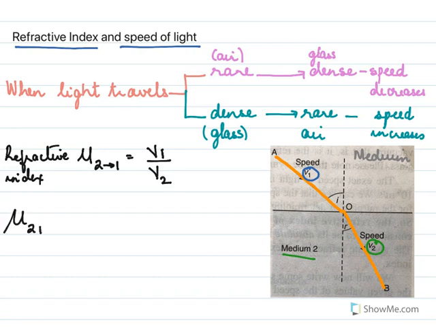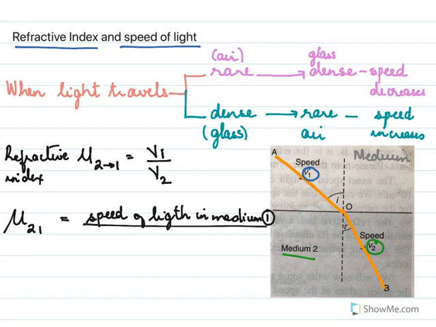To repeat, refractive index of 2 with respect to 1 is speed of light in medium 1 over speed of light in medium 2.